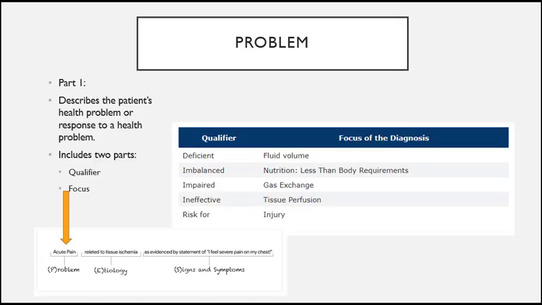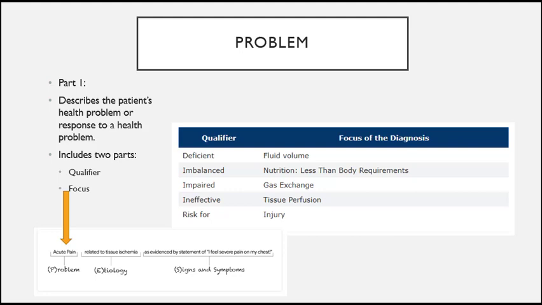The problem, or the first part of the statement, or what you might call the diagnostic label, it defines or describes the client's health problem or response. This is what kind of triggers whatever therapy or nursing intervention is going to be determined. It usually has two parts, so a qualifier and focus.